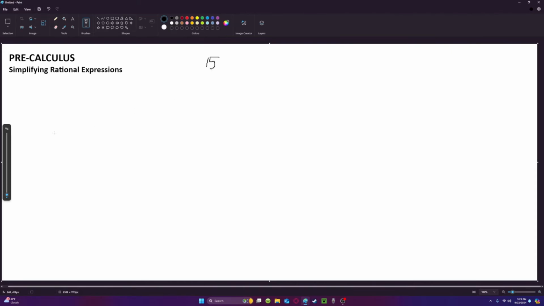Let me actually make my marker thicker. Okay, there we go. So we have number 1, 15 over 15p plus 30. We just want to factor this out, and that is going to look like 15 over 15 times p plus 2.